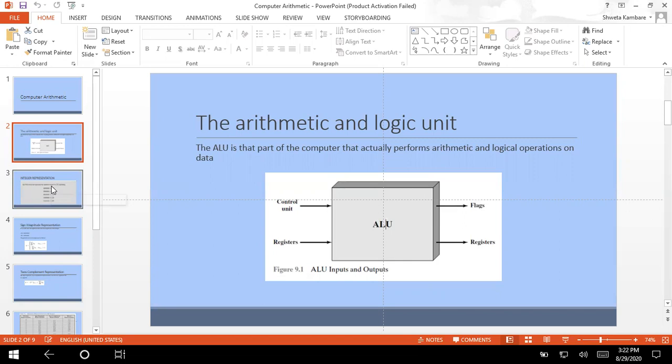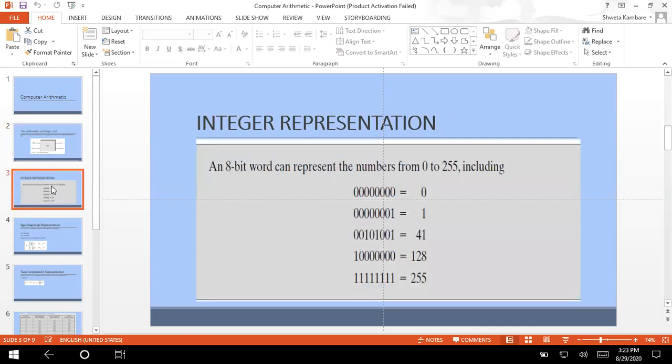Now let's talk about how we can represent an integer. First, try writing 1, 2, 3, 4, 5, 6. How do you write that? In decimal, right? For 1, you write 1. For 2, you write 2. For 3, you write 3.